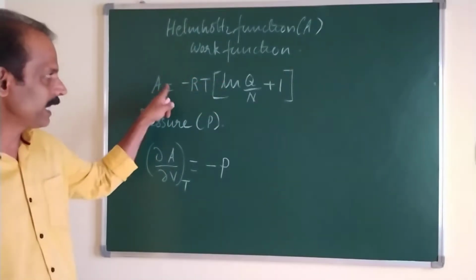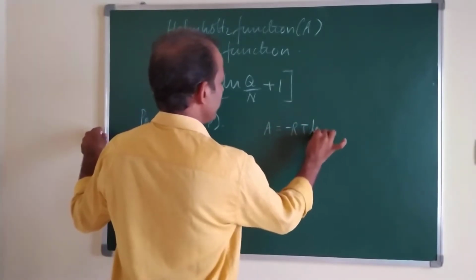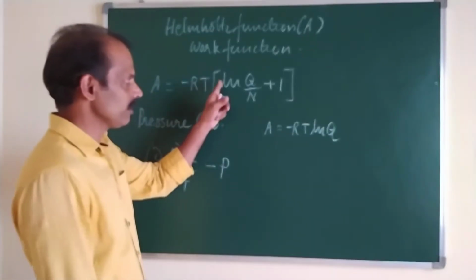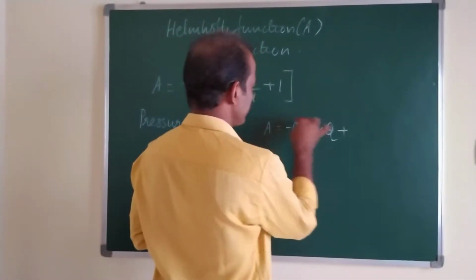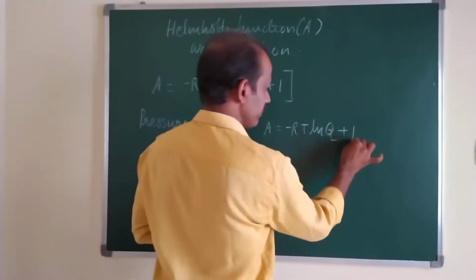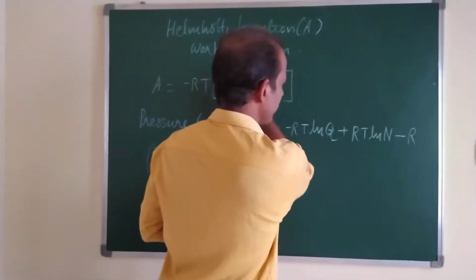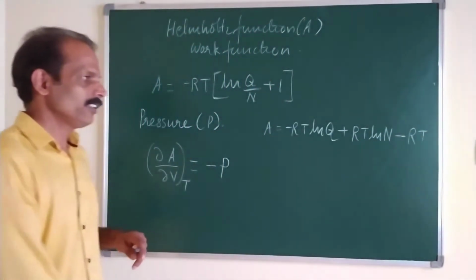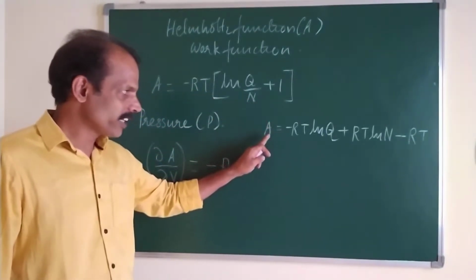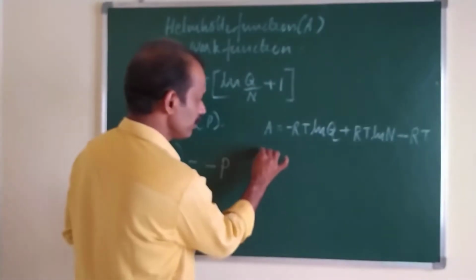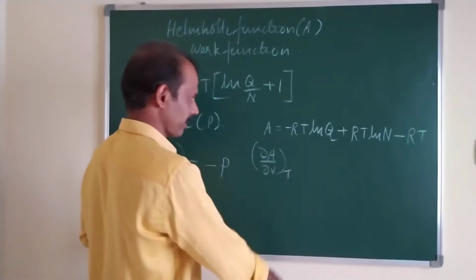We are going to expand this A, that is A equals minus RT ln Q minus ln N, that is plus RT ln N, minus 1 into RT, minus RT. That's the expansion of this equation. And we are going to differentiate this A with respect to V at constant temperature.